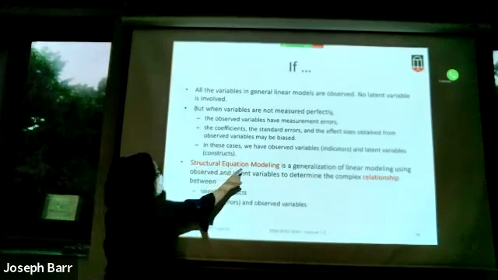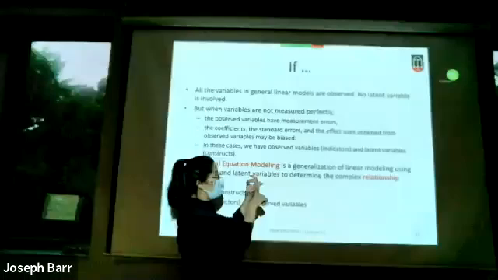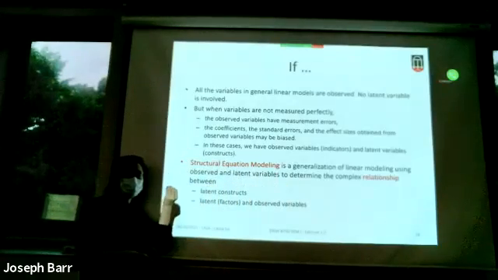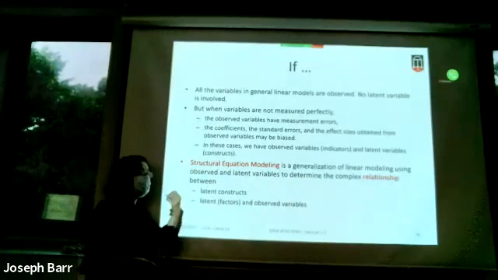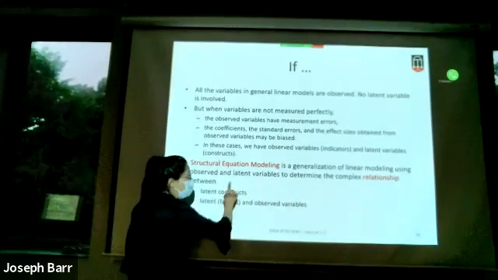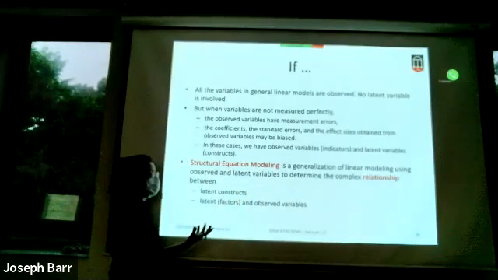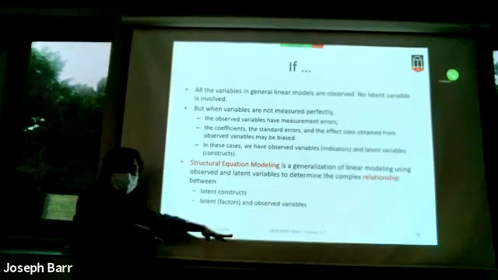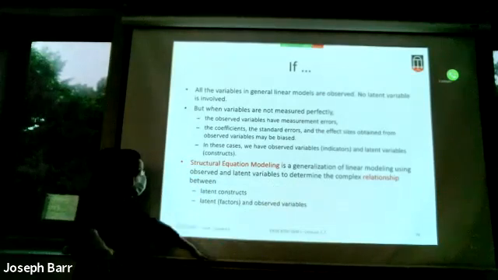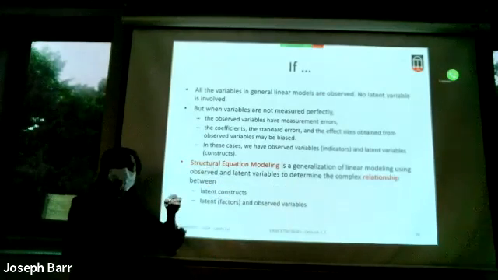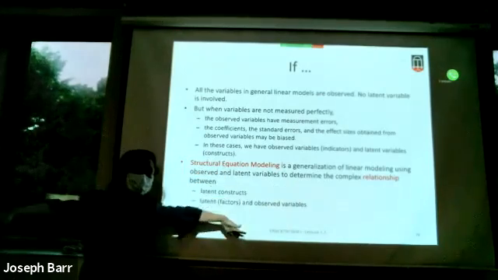So in these cases, we have observed variables and also latent variables, which are the true scores, the variables we truly want to measure. Structural equation modeling can handle these cases. It's a generalized linear model. SEM is a big family. Regression is included in SEM. Regression is a sub-model of SEM.